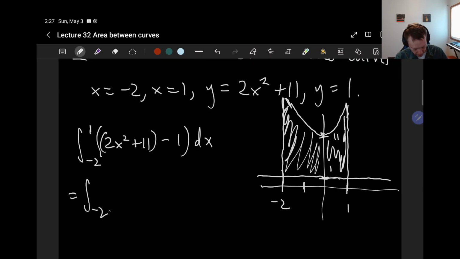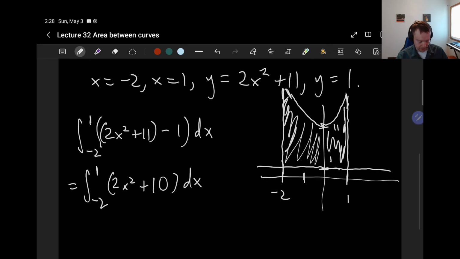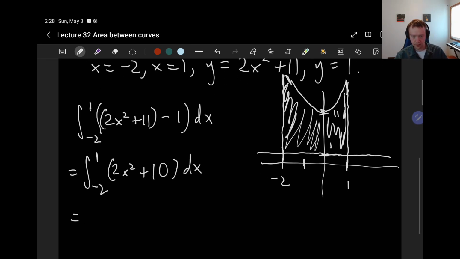So now we simplify: 2x squared plus 10 dx. And now we apply the fundamental theorem of calculus, where we find the antiderivative of this and evaluate it at these endpoints here.